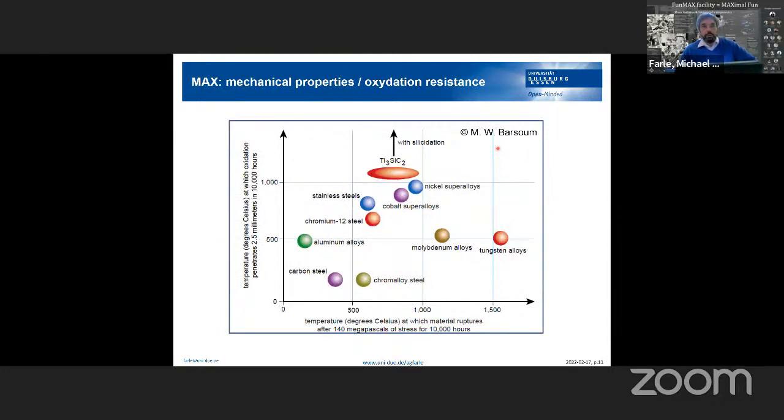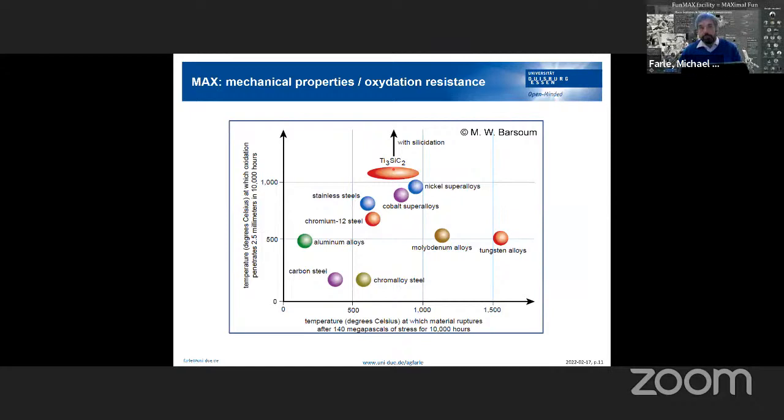Now here's another example, mechanical properties, oxidation resistance. Just look at the alloys here: hard alloys, oxidation resistant alloys, nickel superalloys, tungsten alloys, chrome alloys. And here's just one MAX phase listed, titanium, silicon, carbon, and you see it beats, at least in this direction, a lot of the conventional materials.